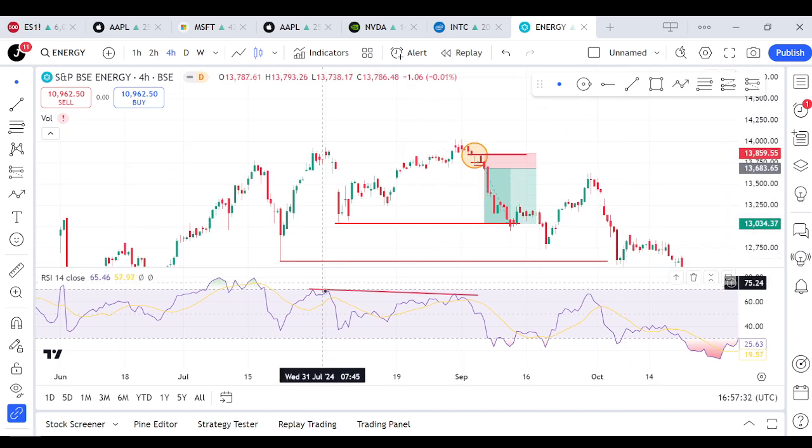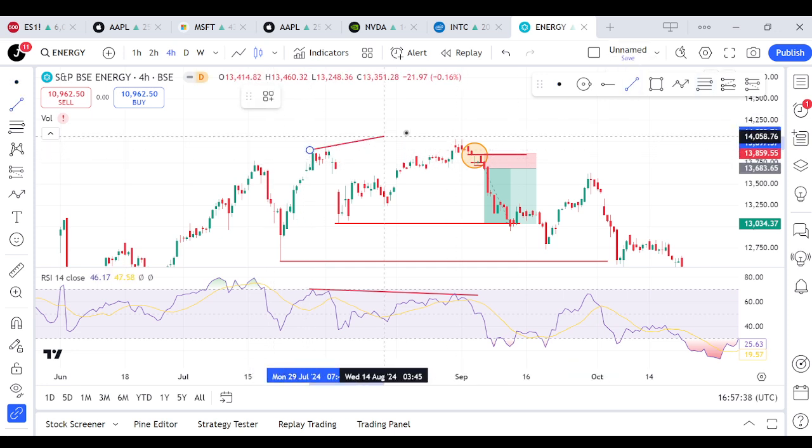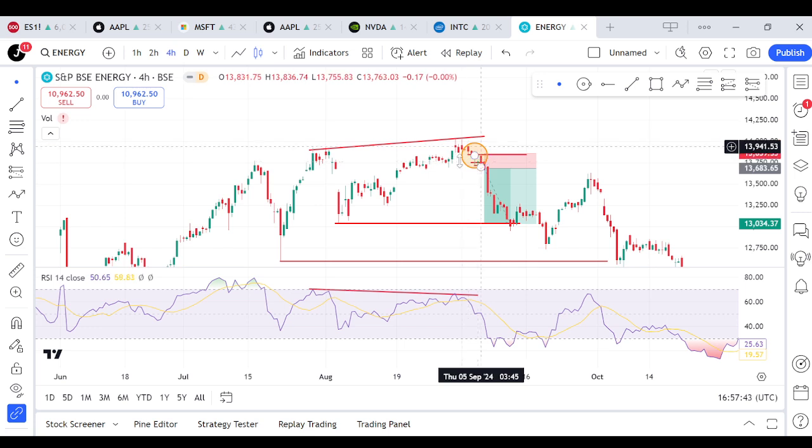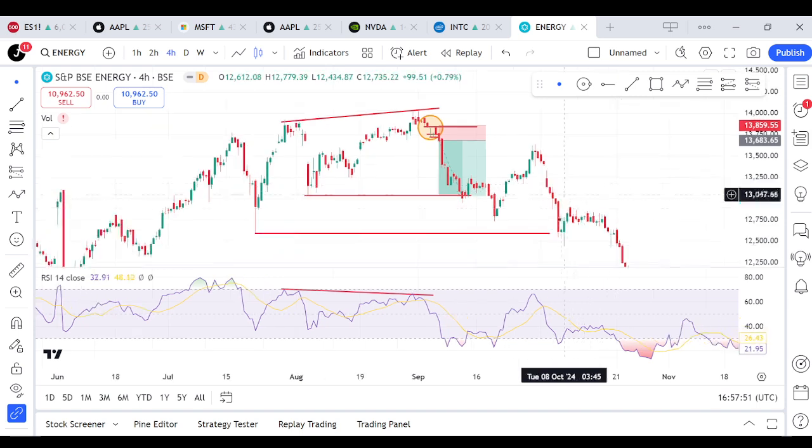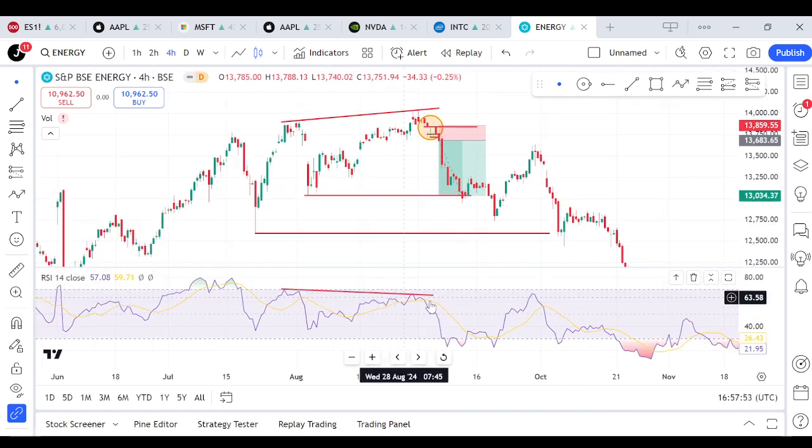You can see the RSI giving us lower highs, but the price is giving us higher highs right here, just slight. And you can see that is a divergence between price and the RSI, and it's expected that price should give us a bearish push after spotting this bearish divergence on the RSI.